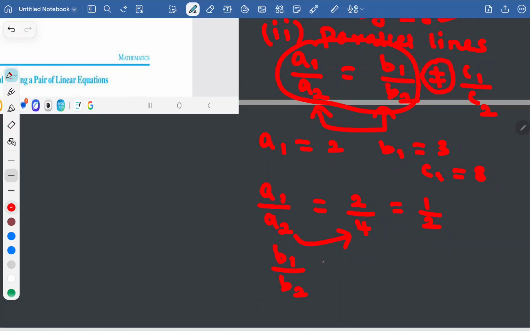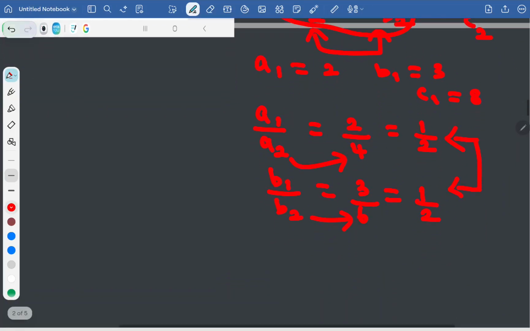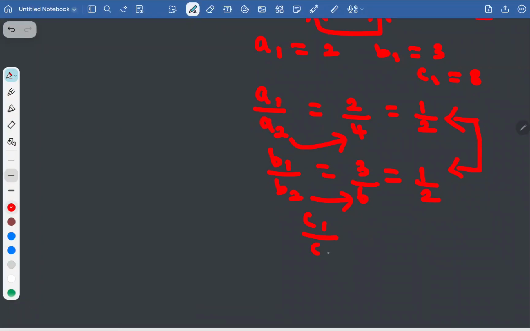B1 by B2 is 3 by 6, again 1 by 2. These two are equal but not equal to C1 by C2.